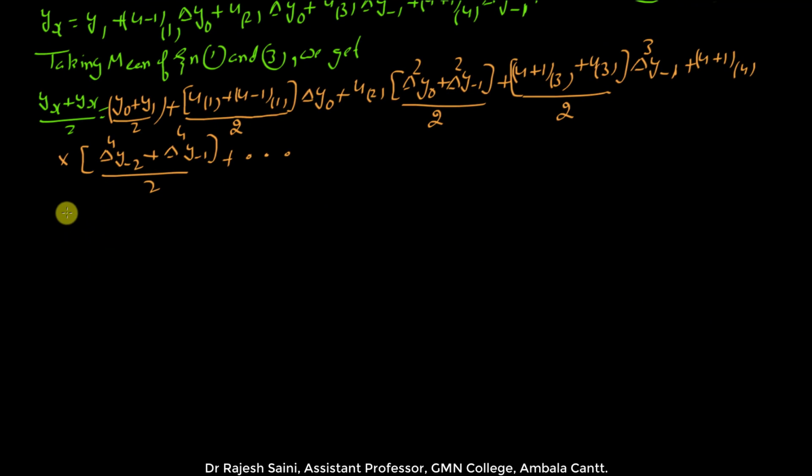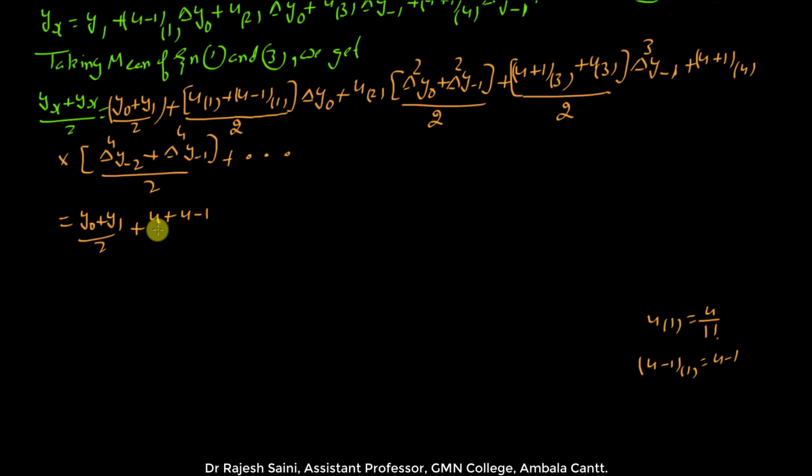So this is further equal to y naught plus y1 by 2 plus, now I will be solving this term and writing it over here directly. u1 you know is, write it u minus 1 because u1 is u by 1 factorial and u minus 1 subscript 1 is u minus 1.